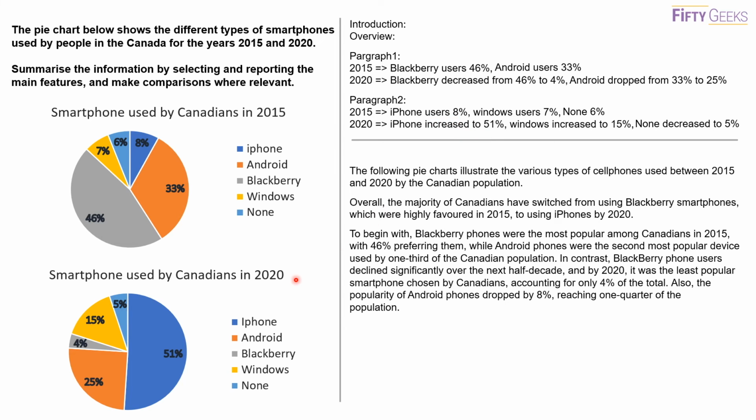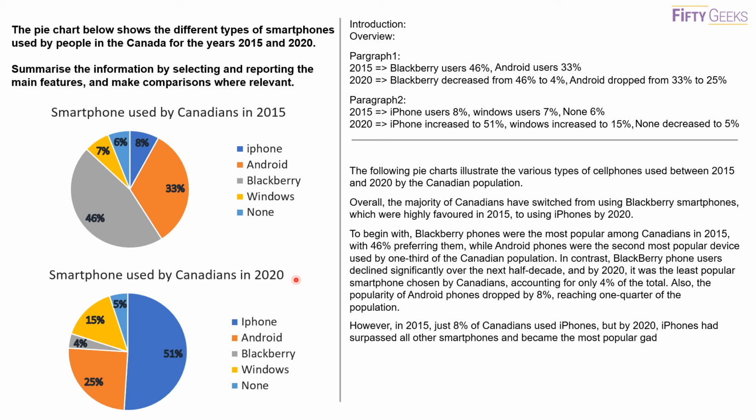I will write it as, however, in 2015, just 8% of Canadians used iPhones, but by 2020, iPhones had surpassed all other smartphones and became the most popular gadget among half of Canada's population.